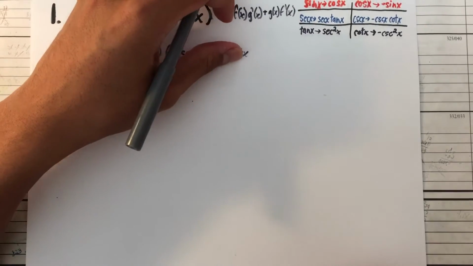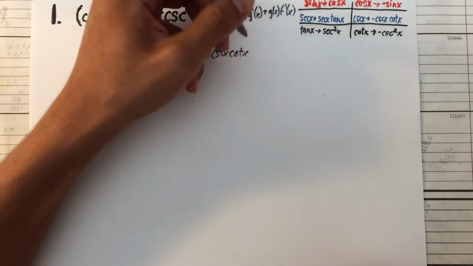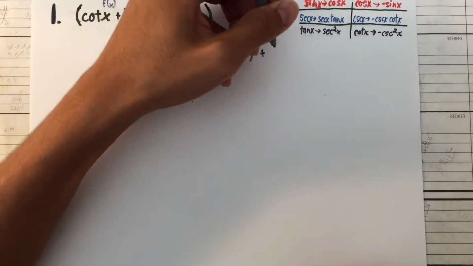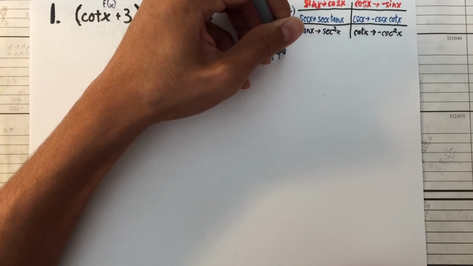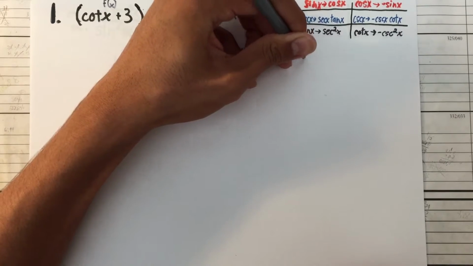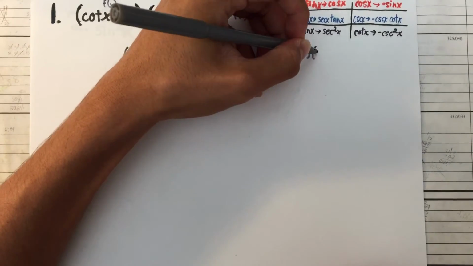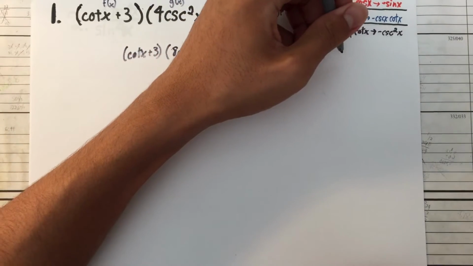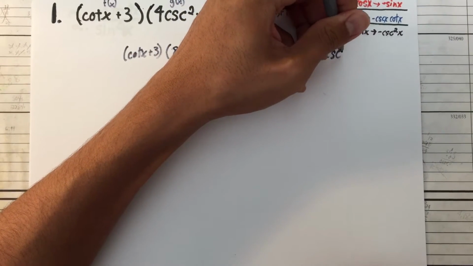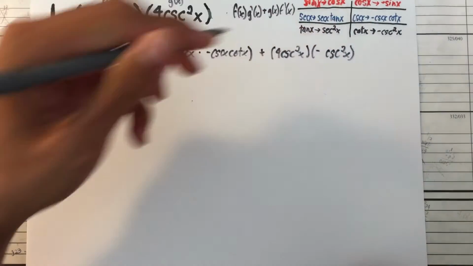So you end up taking the derivative of cosecant x, which is this, and then you end up adding this product with 4 cosecant squared x times the derivative of cotangent x plus 3, which turns into negative cosecant squared x.